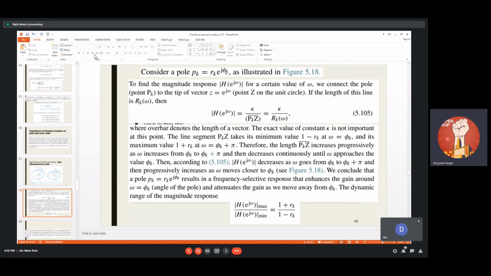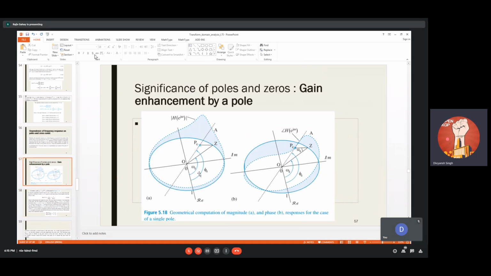So the angle that it makes with the real axis is phi k. And because we're talking about a single pole, it is just phi 1. And here the angle of this vector z, which is connecting the origin to the point on the unit circle, is omega. Or here it is written as omega k, which is omega.